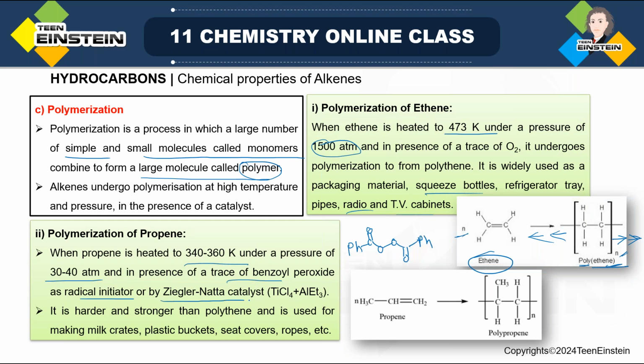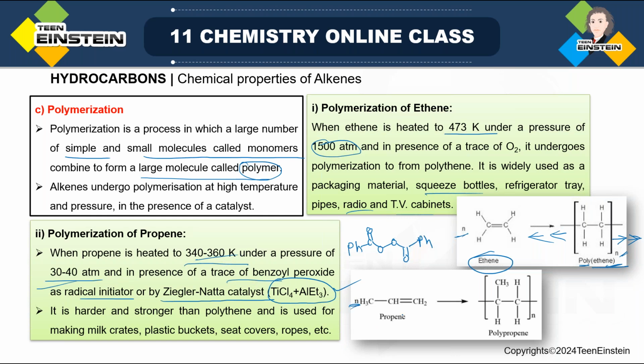And here we are using this special catalyst called Ziegler-Natta catalyst. Just look at this combination, because if you get a question asking what is Ziegler-Natta catalyst, suppose in options you will get different combinations of compounds. So just recognize it: TiCl4 and triethyl aluminium. So in presence of this catalyst and all these reaction conditions, we get the polymerization of propene.